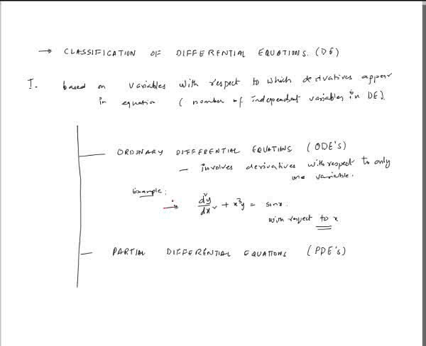But sometimes you may have something like this: d square u by dt square is equal to c square d square u by dx square. So here you have basically derivatives with respect to t and derivatives with respect to x. In fact this is a one-dimensional wave equation.